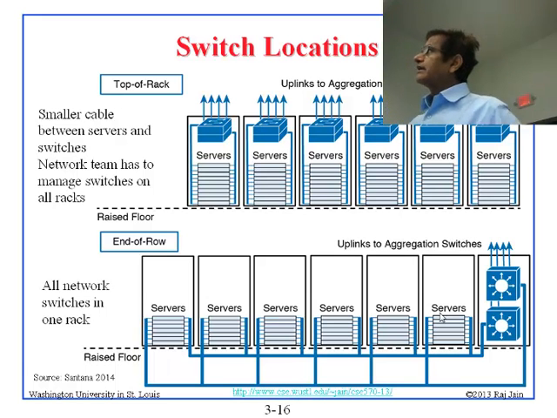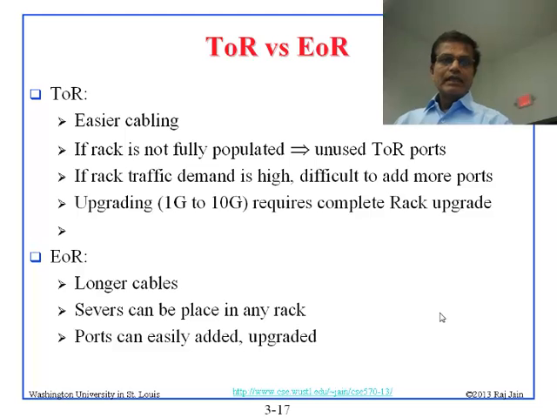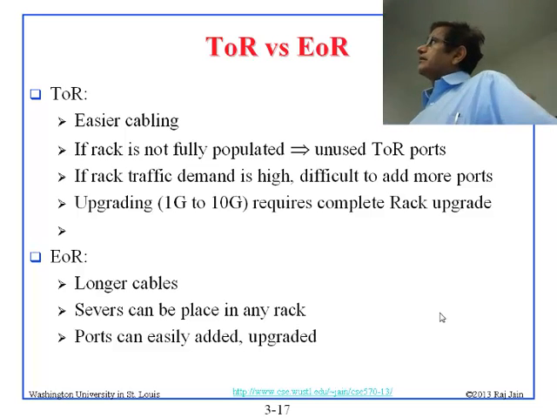End of the row puts all the networking equipment in one rack, and top of the rack puts shorter cabling. We already said that the difference between these two is easier cabling. The rack is not fully populated. The problem is that if the rack is not fully populated, then you have unused TOR ports.